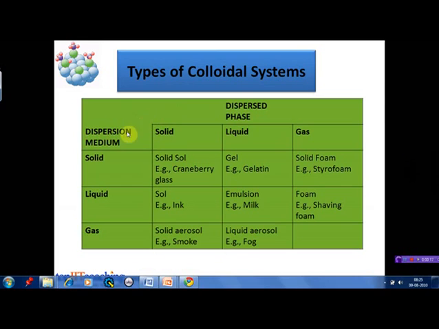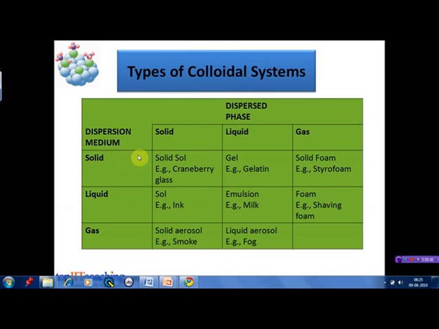So in case the dispersant medium is solid, there can be 3 types of colloidal systems based on the various states of dispersed phase. When a solid is dispersed in the solid medium, the colloidal system is known as solid sol. Its example is cranberry glass, in which gold chloride is dispersed in the solid dispersant medium, that is silica.